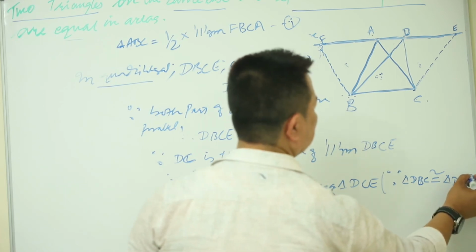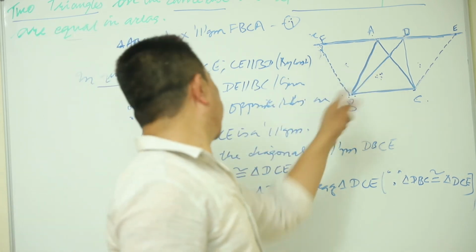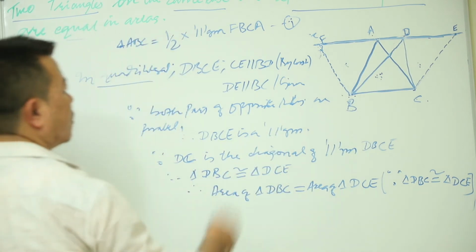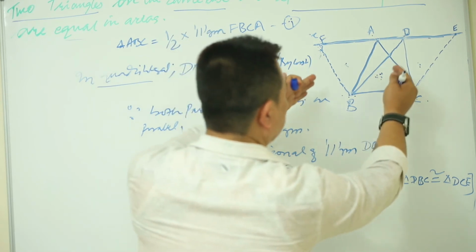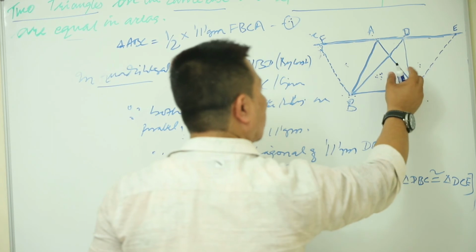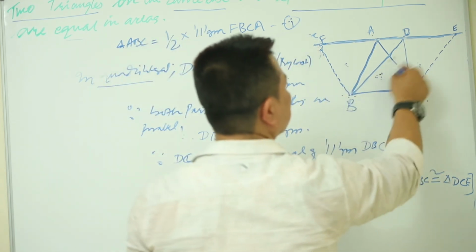Now this DBCE is a parallelogram composed of two triangles, this triangle and this triangle.